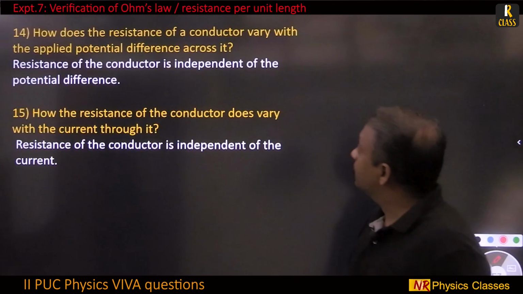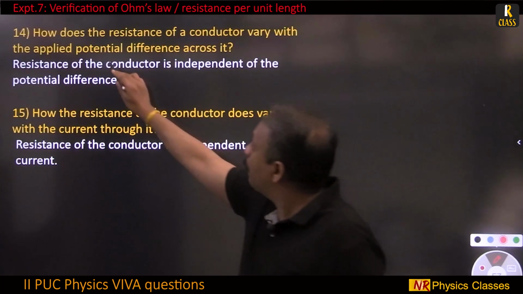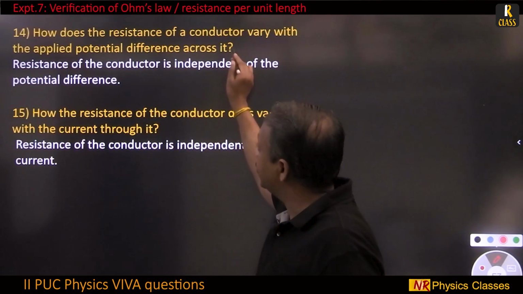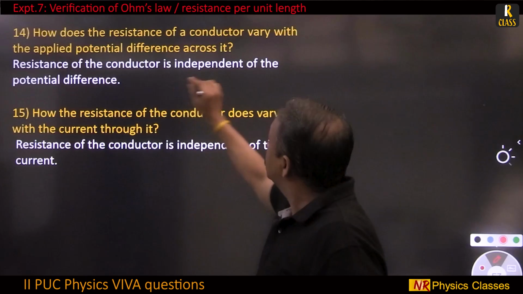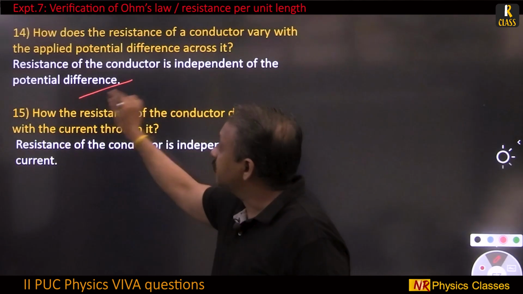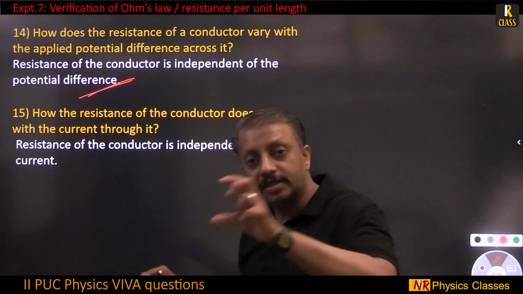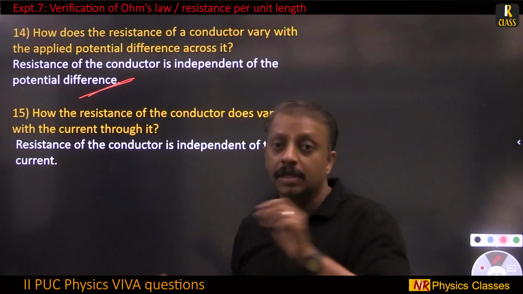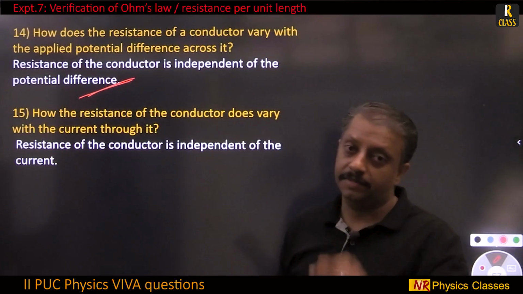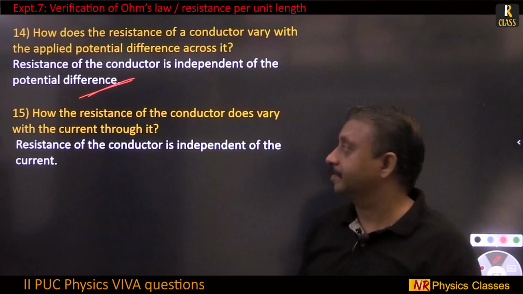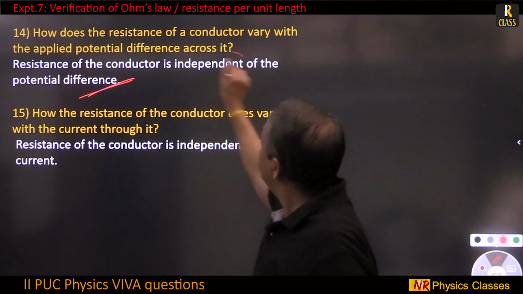How does the resistance of a conductor vary with the applied potential difference across it? Resistance is independent of the potential difference. Potential difference is externally applied. Resistance is for the material and dimensions. So it is independent.